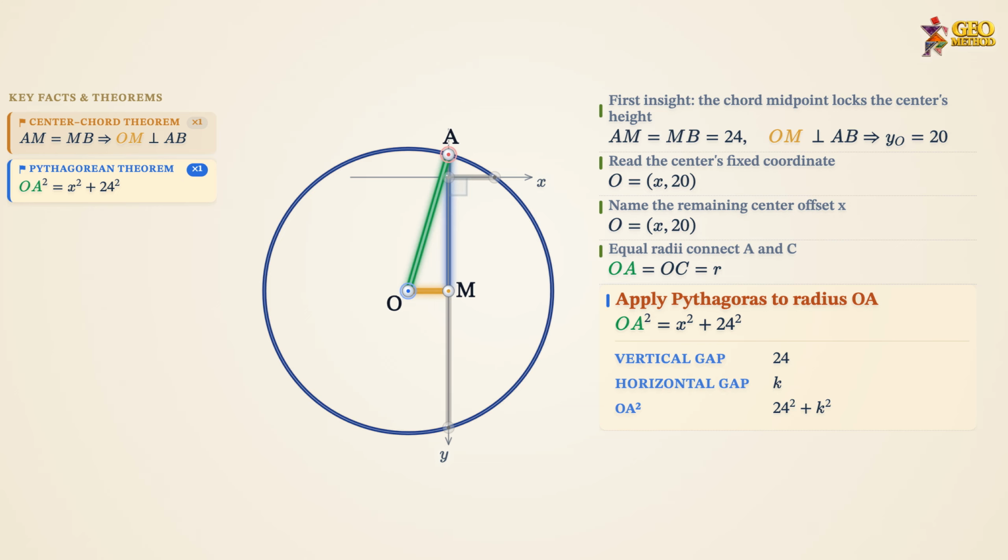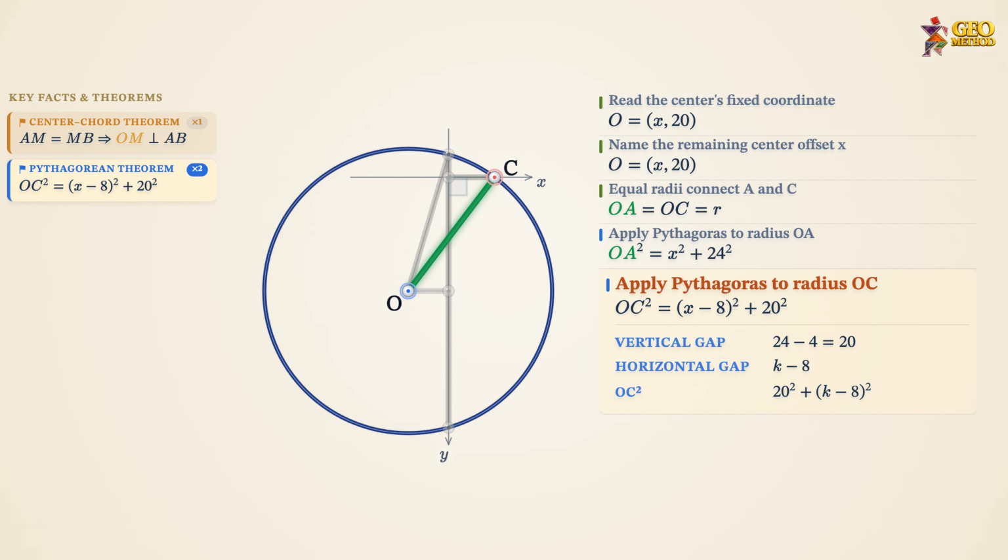Pythagoras gives OA squared equals x squared plus 24 squared. For radius OC, the horizontal difference is x minus 8, and the vertical difference is 20. A second use of Pythagoras gives OC squared equals (x minus 8) squared plus 20 squared.